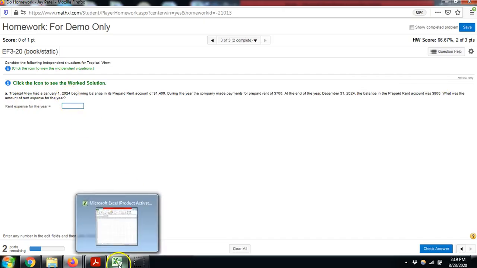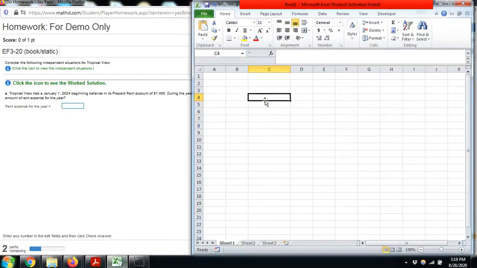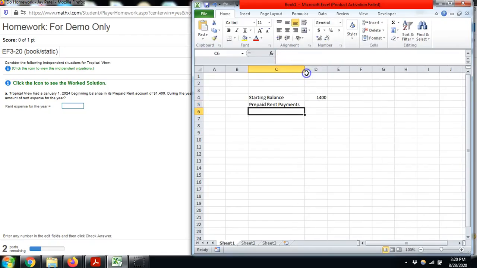So let's break this down. So our starting balance was $1,400. And it said we made additional payments of prepaid rent. So prepaid rent payments. So that means that we had the starting balance of prepaid rent, but we're paying more cash to increase this balance.